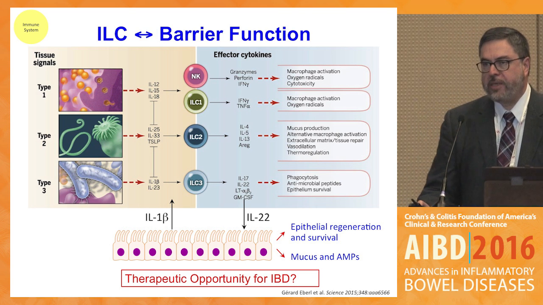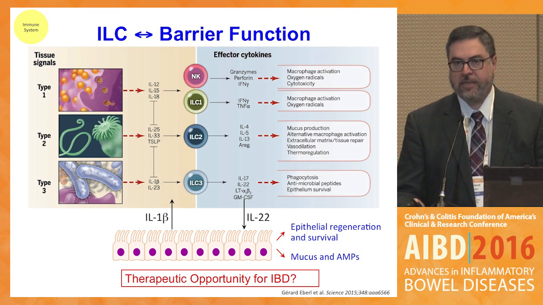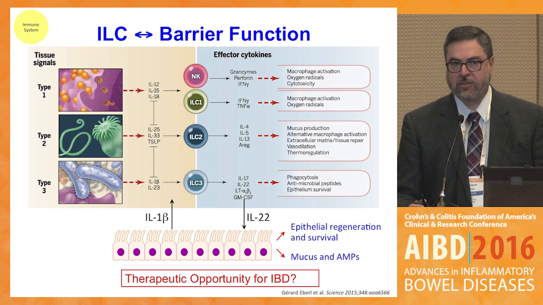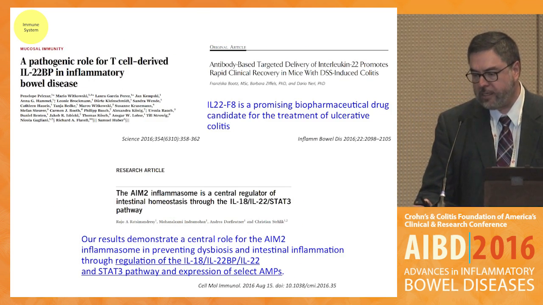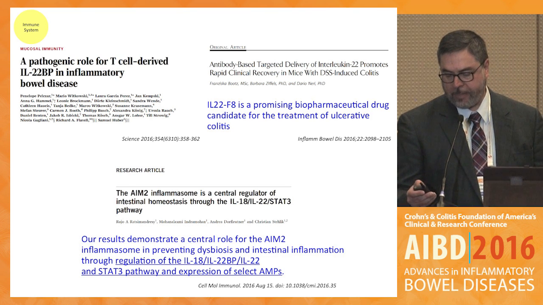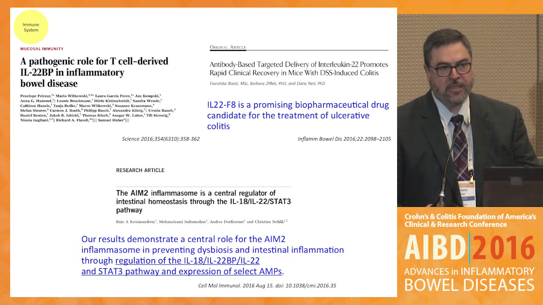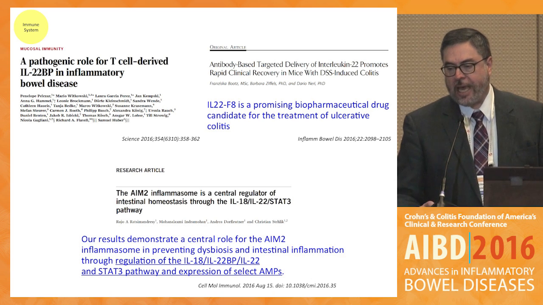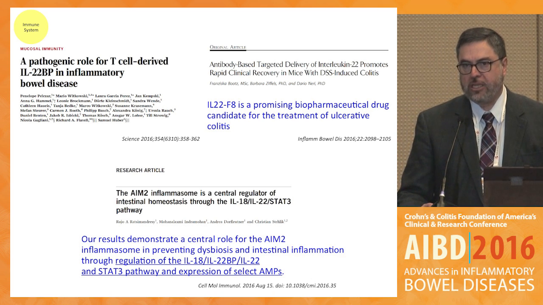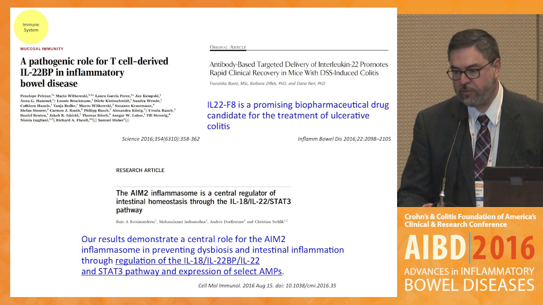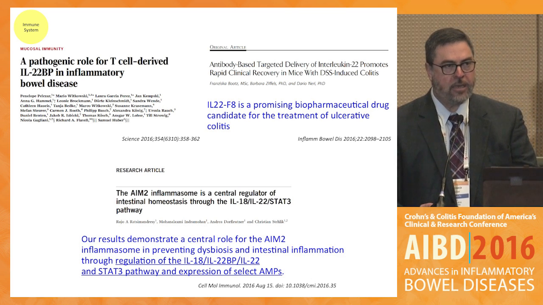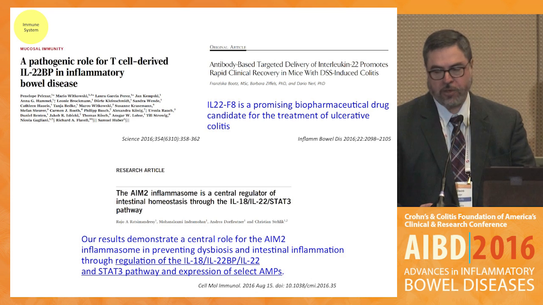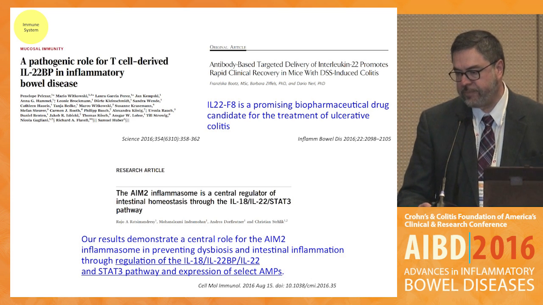So is there a therapeutic opportunity here in having a novel target in IL-22? So this is now being explored, and there are a number of papers on this topic. So this is just 3 of them. So the IL-22 binding protein neutralizes IL-22, and T cells that are pathogenic in IBD make a lot of IL-22 binding protein, so that's not a good thing.